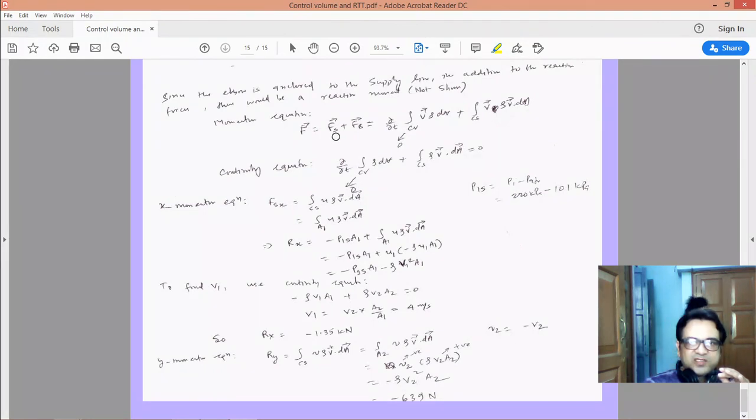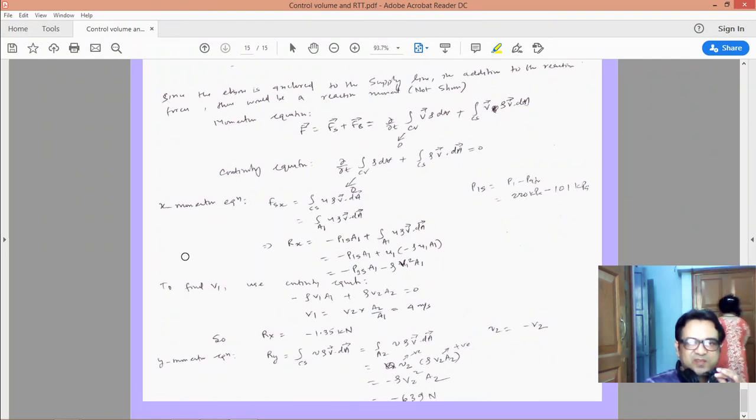The momentum equation is the summation of the forces equal to del by del t integration of V rho dV plus the surface integral V rho V dot dA, because in this case eta equals the velocity vector. Also I will use the continuity equation. It's a steady flow, so this first term will be 0, and only the second term you will get.